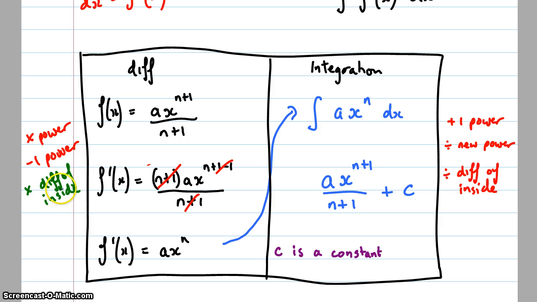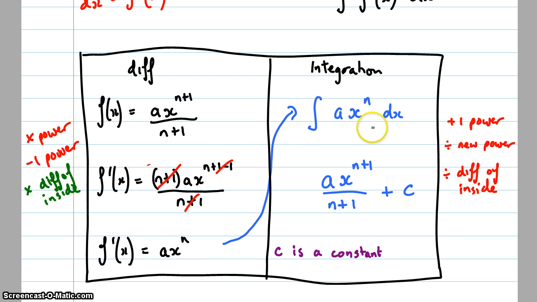In this case, I don't think there is a diff of the inside because there's no brackets or anything, but that's just something that people forget a little bit. So I multiply by n plus 1, I minus 1 from the power, and then I've got my answer. So that n plus 1 will cancel out with this n plus 1, and n plus 1 minus 1 will end up being ax to the power of n.